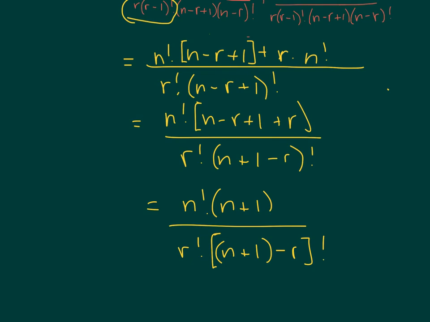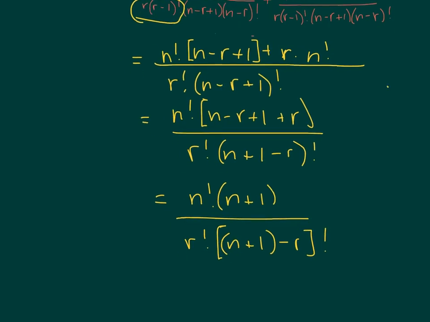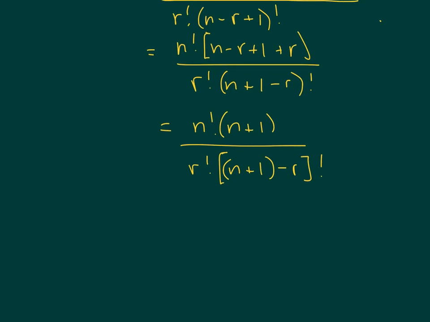If I have n factorial times n plus 1, well, n plus 1 and n are consecutive numbers, so I could consolidate that a little bit. I'm going to write the top just as n plus 1 factorial times r factorial.